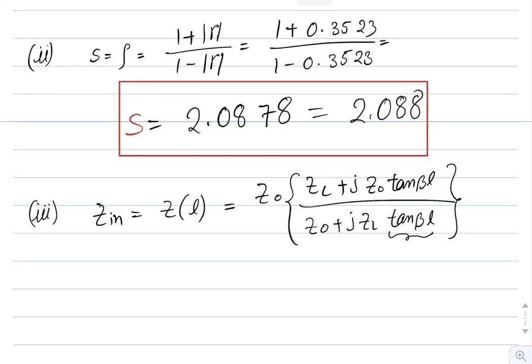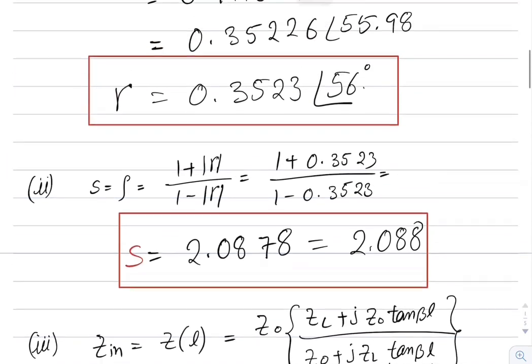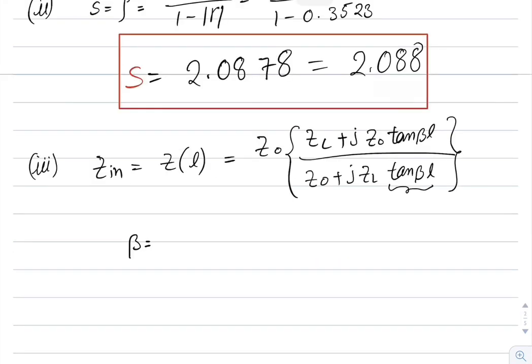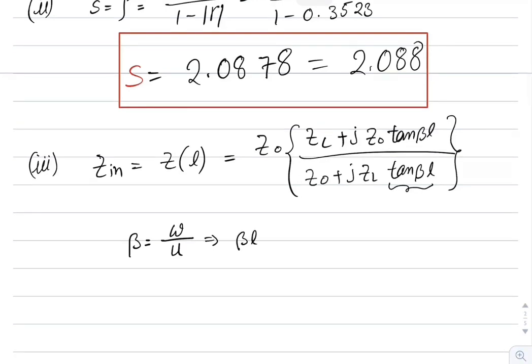Here we have to find out the value of tan beta L, but the beta value is not given directly. But he gave operating frequency and velocity of wave. The phase constant is the ratio of angular velocity of the wave to the actual velocity of the wave. That implies I can write beta L as omega by u times L. Omega means 2 pi f, and u means 0.6 times 3 times 10 power 8.